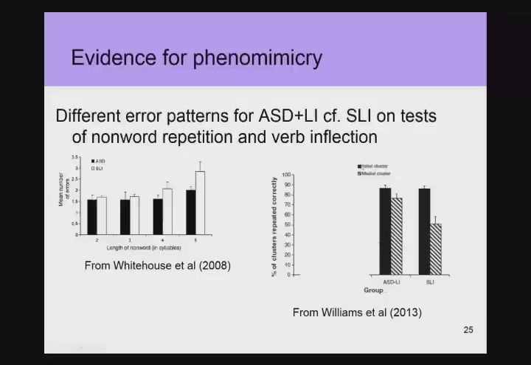And then David Williams has done some similar work on children with autism and SLI, but in this case he's looking at the nature of the errors they make when they misrepeat non-words, and he used some very carefully crafted non-words where they could vary in different places in the non-word. I can never remember these non-words, but they're things like frist, or no, I can't do it, fristy, I don't know. They could either have a cluster, which would be something like fr or tr, or several sounds together in the beginning or in the middle.